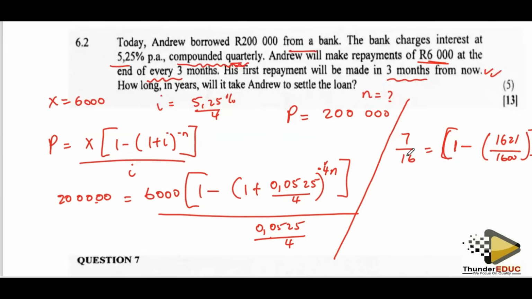Okay. Then I can move the 1 that side. So 7 over 16, I'm subtracting the 1. That's going to give me negative 9 over 16 equals negative 1621 over 1600 to the exponent of negative 4n.